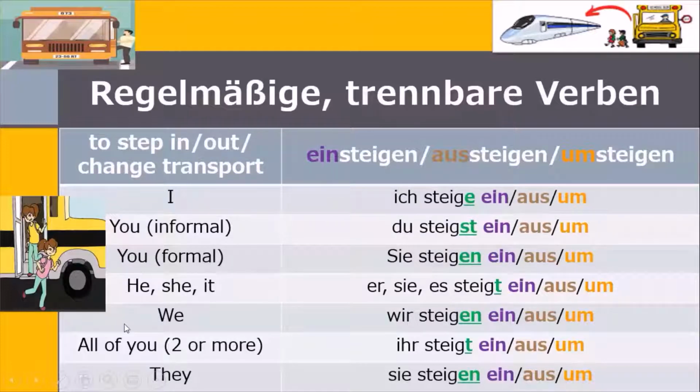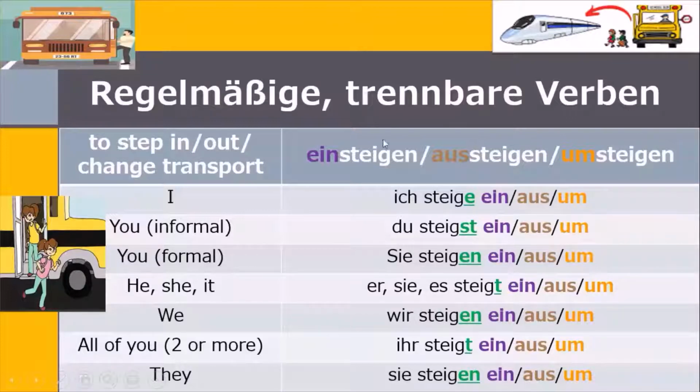Getting out of some means of transport is aussteigen, and changing one means of transport to another, so changing from one train to another train, it can be the same means of transport, but it can also be changing from a bus to a train or from a taxi to a train, in which case it will be umsteigen.